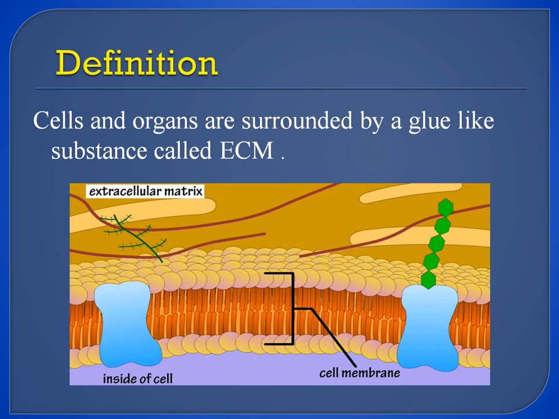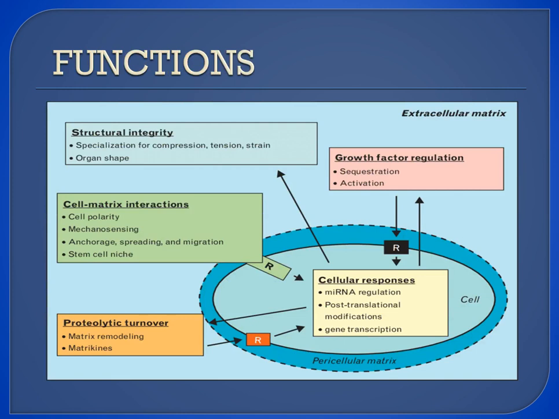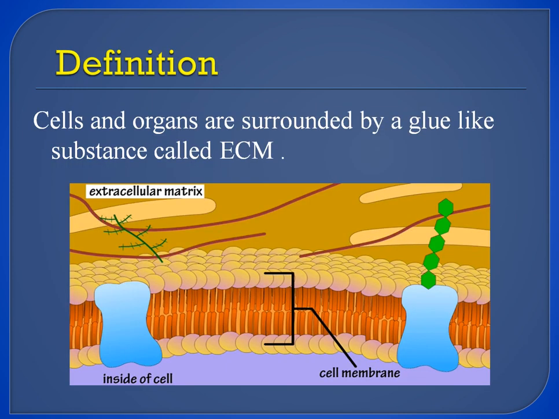Now, what is extracellular matrix? As the name suggests, extra means outer the cell is extracellular matrix. So, it is a web of protein and carbohydrates at cell surfaces. Cells and organs are surrounded by a glue-like substance.